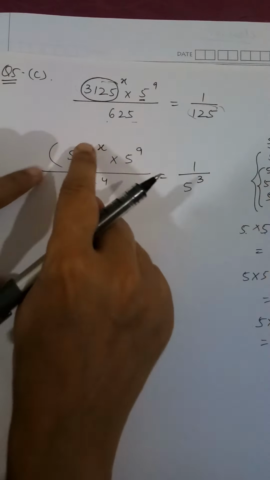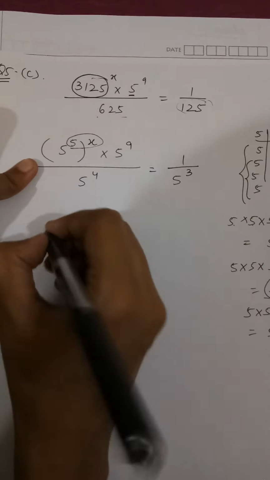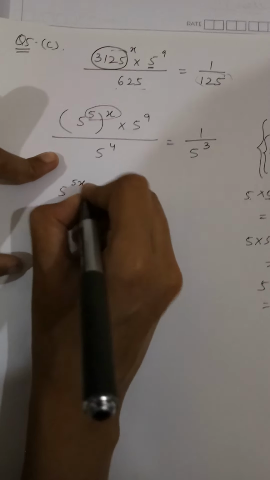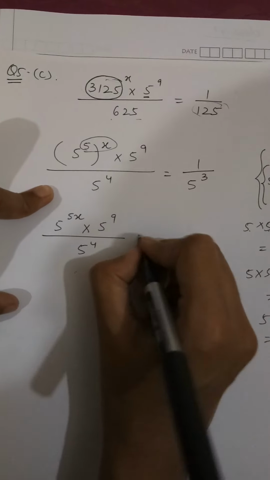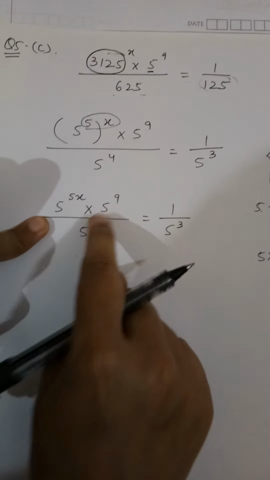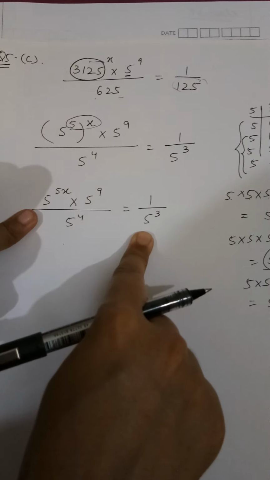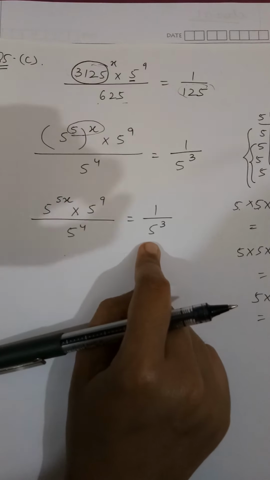Next, 2 powers are there, so I am going to multiply these powers. This will become 5 to the power 5x into 5 to the power 9 upon 5 to the power 4 equals to 1 upon 5 to the power 3. Now can you see that all the bases are 5, right? With making the base same, our calculation will become easy.